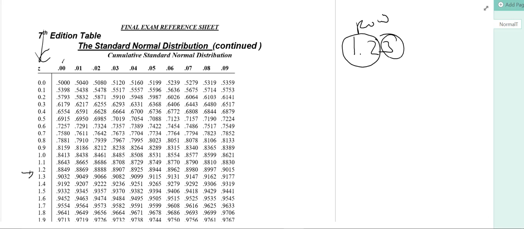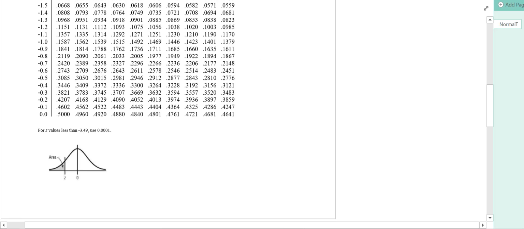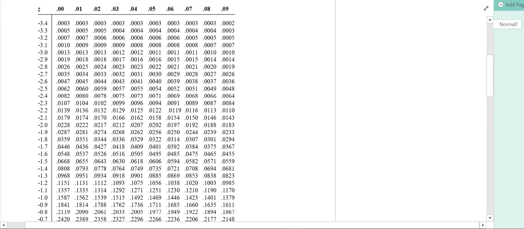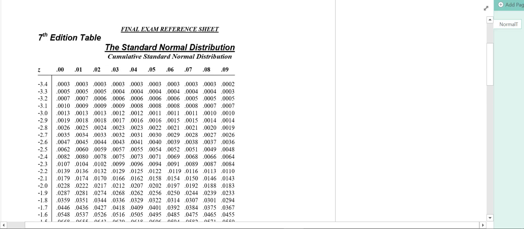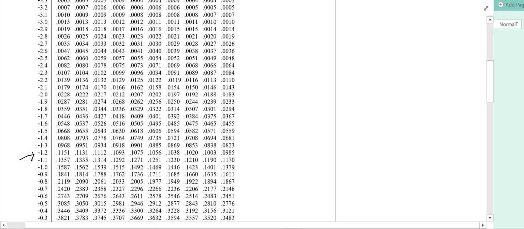Now the next one we have to look up z of minus 1.23. Now this is a negative, so we're looking up minus 1.23 in the table. So we're going to have to go to the other side. We look up minus 1.2, the tenths position. Our column is the column associated with 0.03. So if you look up here, 0, 1, 2, and 3.